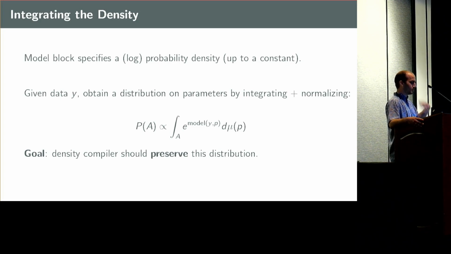It's proportional to, because in a separate pass we normalize so that the probabilities sum to 1. So this is purely a semantic device. It's not like we're actually computing this integral. It's just the meaning of the program. And the idea is that the density compiler should preserve this distribution through all the layers of compilation.